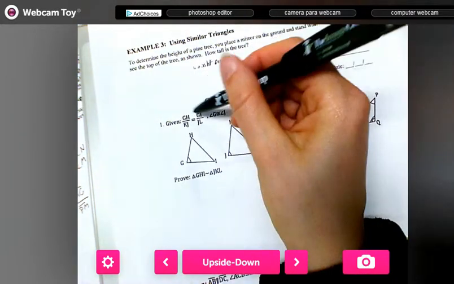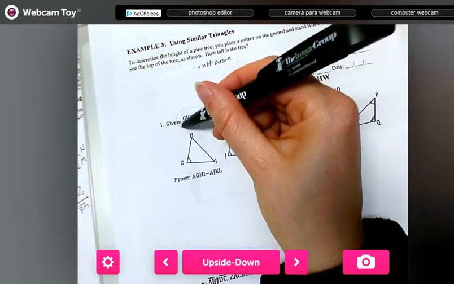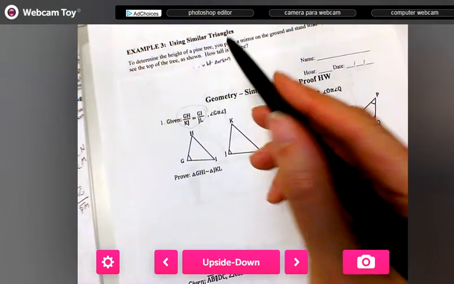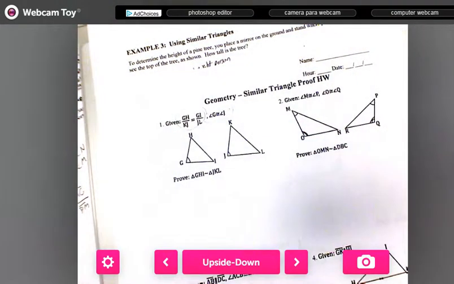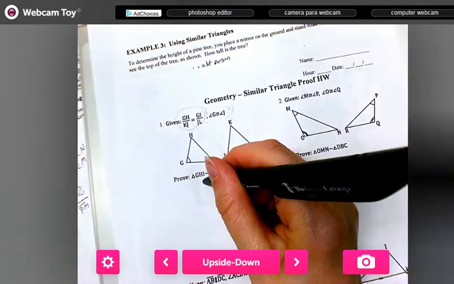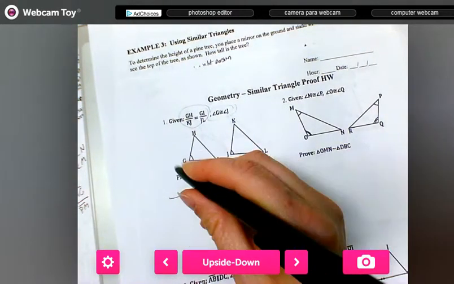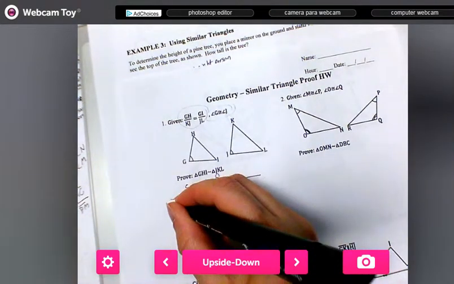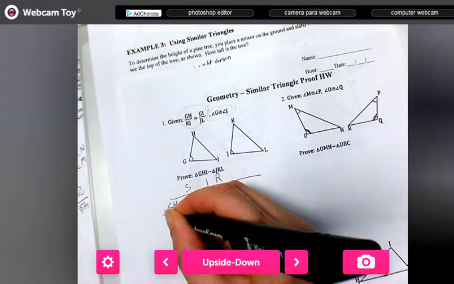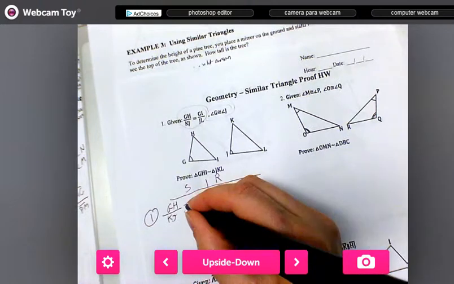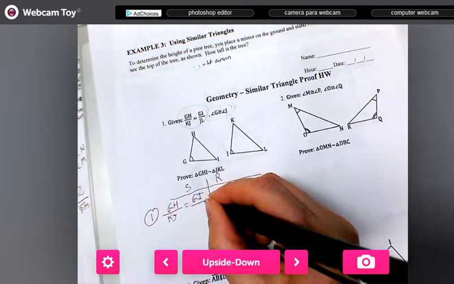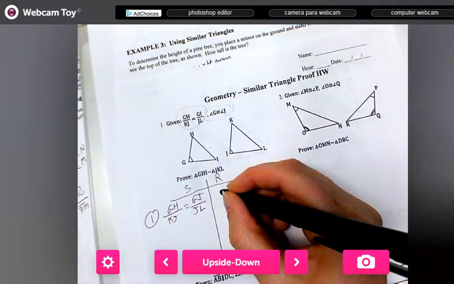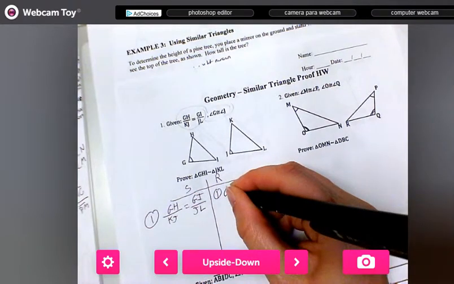Okay, I'm given this information that these are proportional to each other. And I'm given that the angles are congruent to each other. So if I'm making up my proof, statements, reasons, let's do the first one. GH over KJ, this is step 1, equals GI over JL. That's number 1, given.